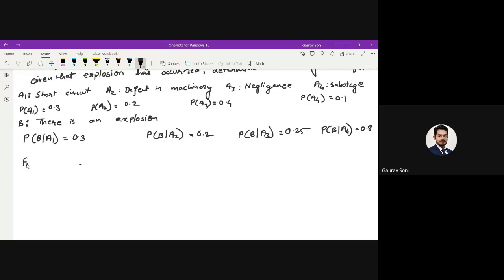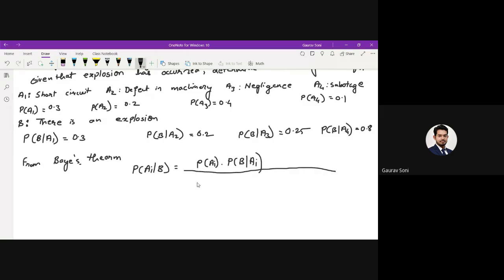So from Bayes theorem, I'll consider the general one. P of Ai when B has occurred. By Bayes theorem, the formula is probability of Ai into probability of B when Ai has occurred upon the summation.